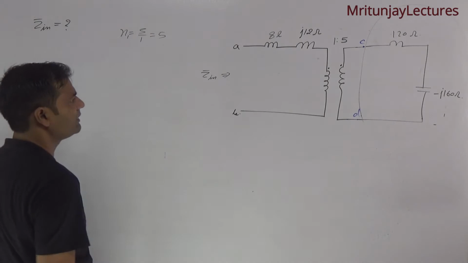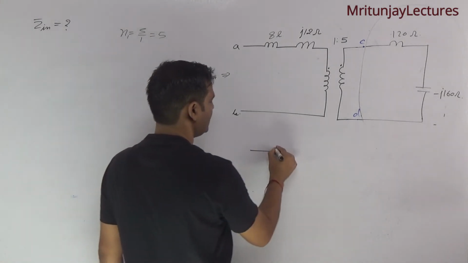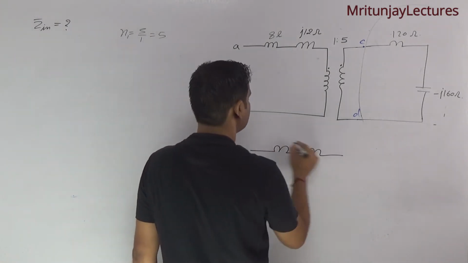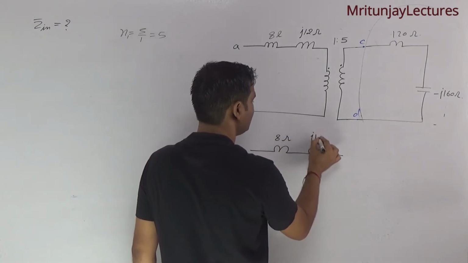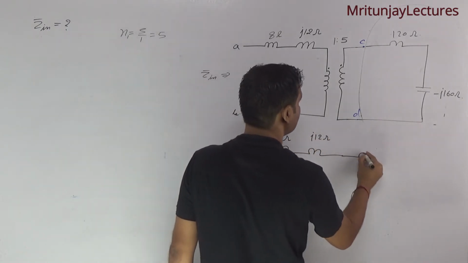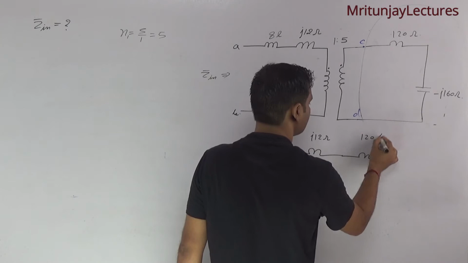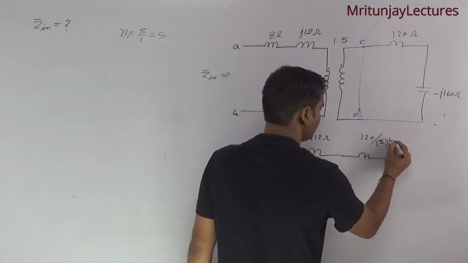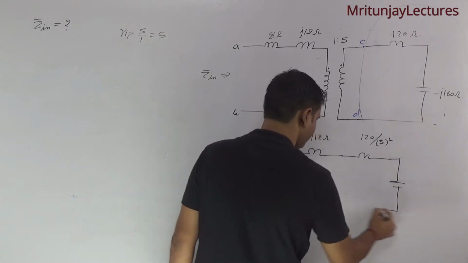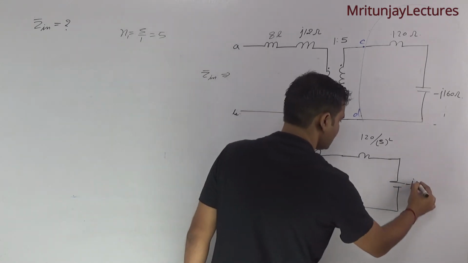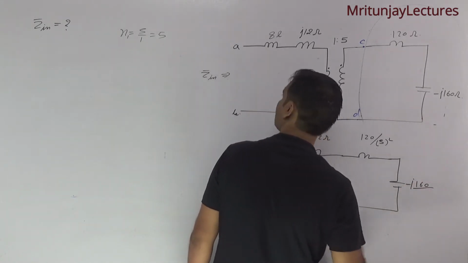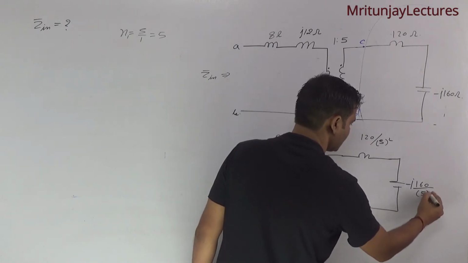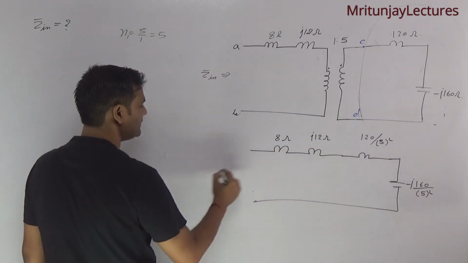So if you make that 8 ohm, that is J12, and this one 120 divided by n square, means 5 to the whole square, and this one minus J160 divided by 5 to the whole square. Okay, that is Z in.